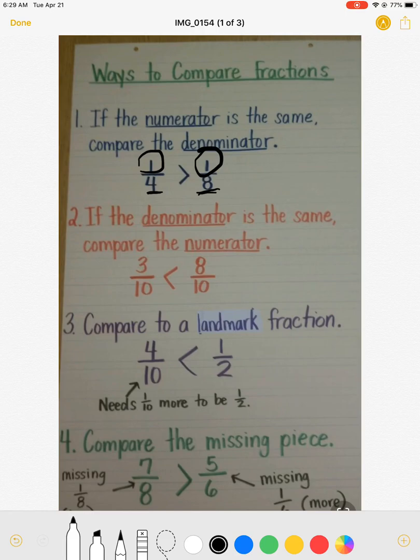So one super important piece of information I want you to remember is that the bigger the denominator, the smaller the piece. So if I said, would you rather have 1/4 of a pizza or 1/8 of a pizza, which would you rather have?